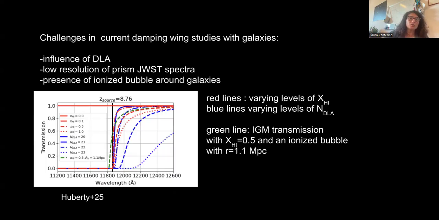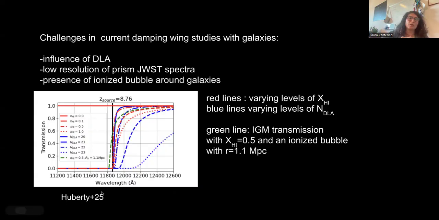And another challenge is that in some cases, when you have bright sources, these sources will have ionized a little region around them already. And so these things you must take into account when doing the calculations. And so in this paper by Huberty, which is very interesting, they really talk about the degeneracy between all these various things, okay?